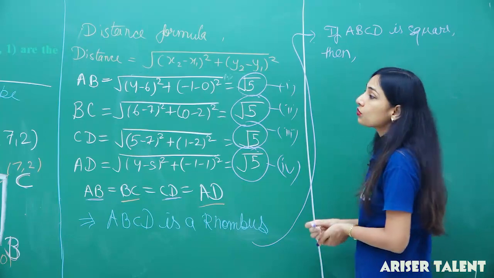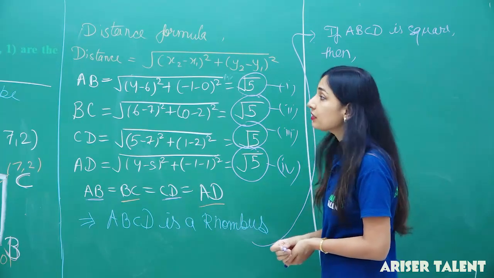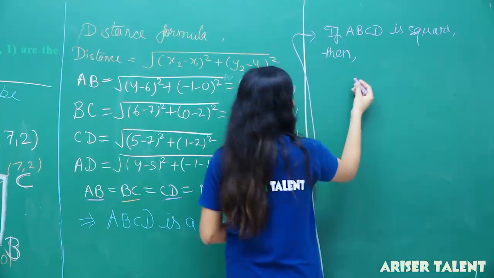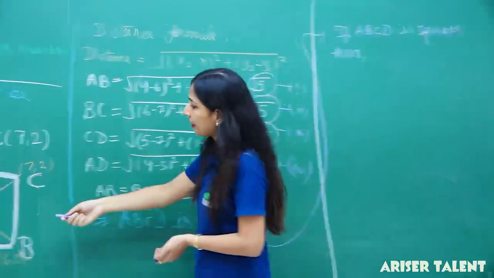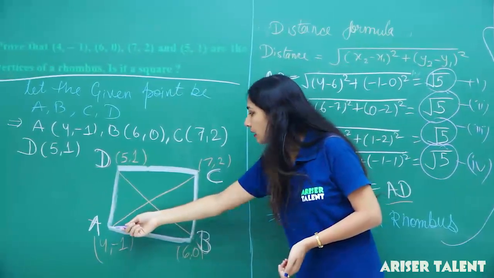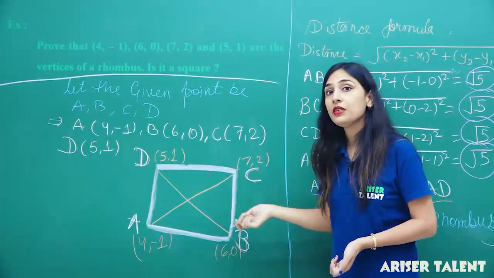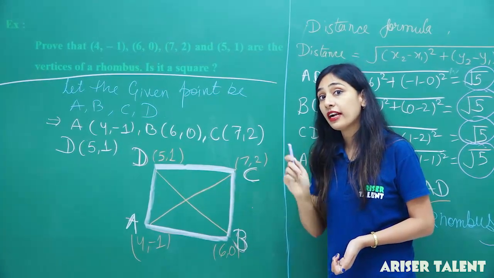So we'll do the same thing here. If ABCD is a square, look here in this diagram, ABC will be a right angle triangle.